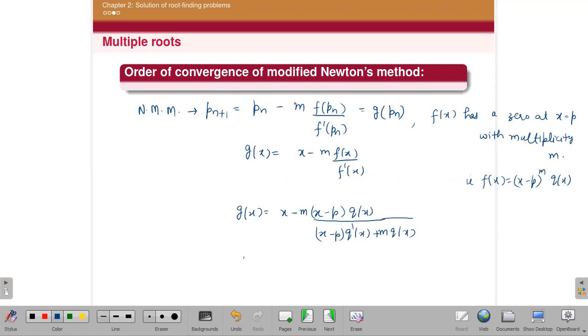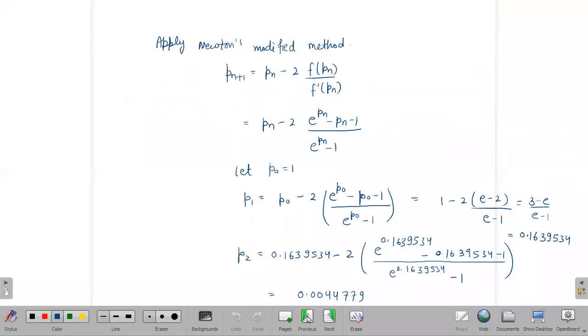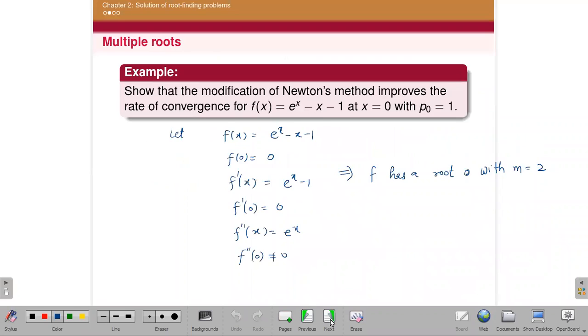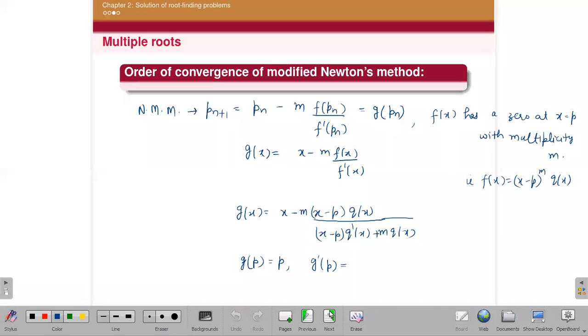So we will see that if you put p here, it will be 0. I'm not doing this part. And if you take g dash at p, but here you have to multiply it with m only. So if you find its derivative, then put x equal to p, you will get 0 in this case also.